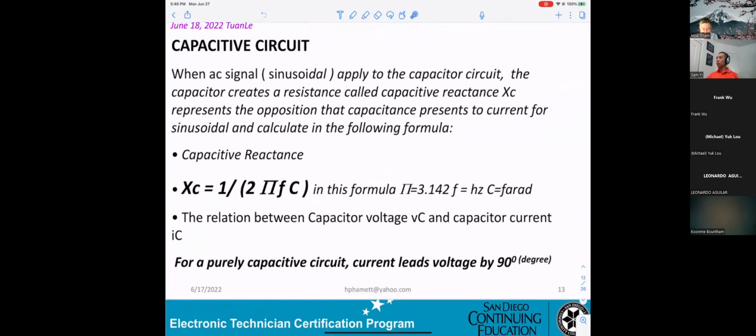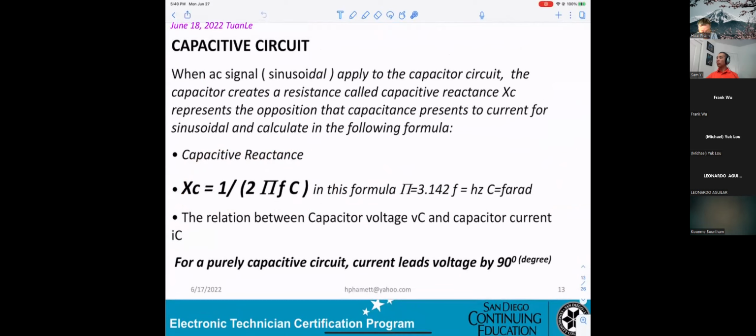Now, another thing you have to know: when a capacitor is connected into an AC circuit, the capacitor will have a resistance.